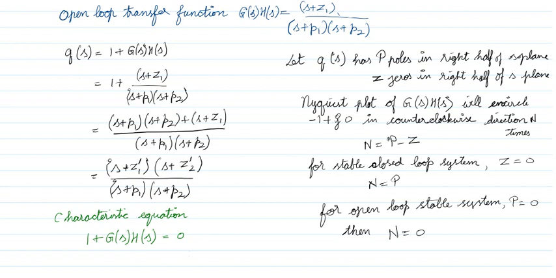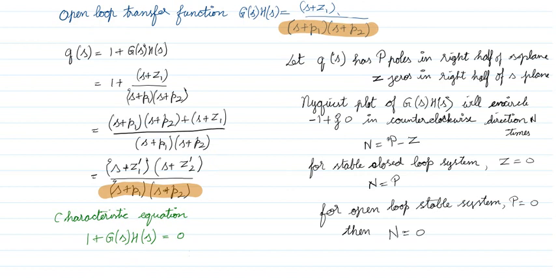First thing, find out the similarity: these are the open loop poles, and these are also the poles of Q(s). Second point, if I equate 1 plus G(s)H(s) to 0, this term goes to the left side and the right side vanishes. So what remains is s plus z1 and s plus z2, which are nothing but the roots of the characteristic equation.